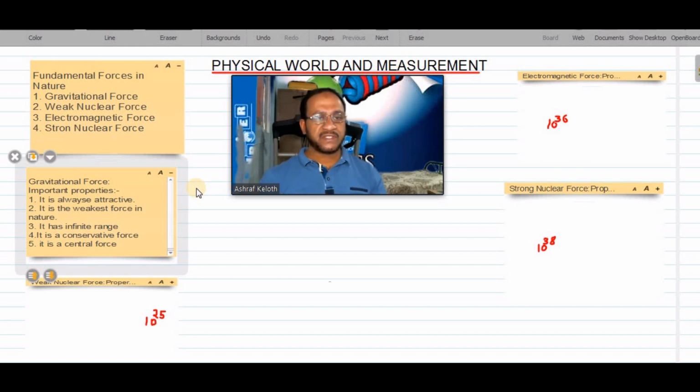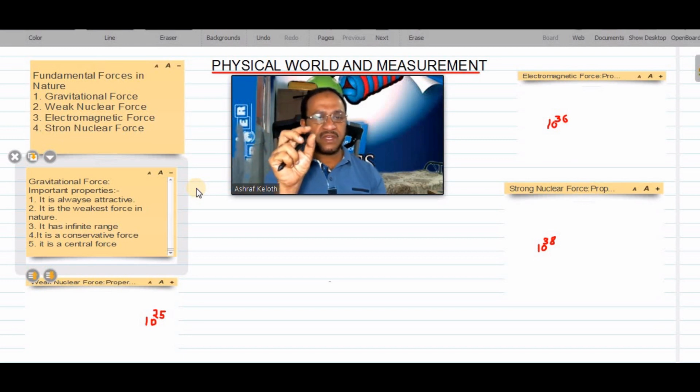If you apply the mass of the first one and the second one, divided by the distance square r square, into G. The G value is 6.67 into 10 raised to minus 11. Minus 11 means the decimal will be at the left side, 0.000 with 11 positions of decimal. So such a very small number, you multiply with your mass and the mass of the other one and divide by the square of the distance.